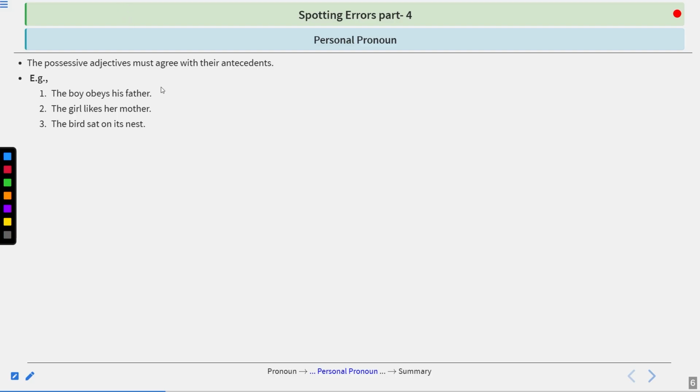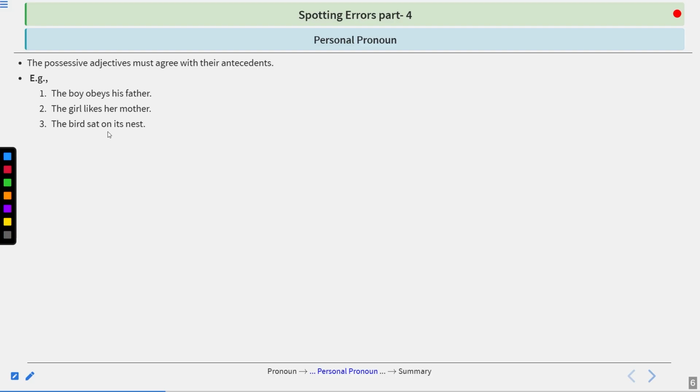Example: the boy obeys his father. So here, his is referring to boy. So boy is the antecedent. The girl likes her mother. Here her is referring to the girl. So girl is an antecedent.